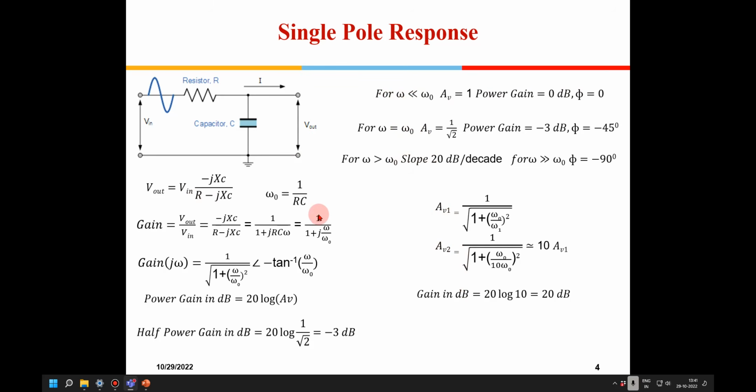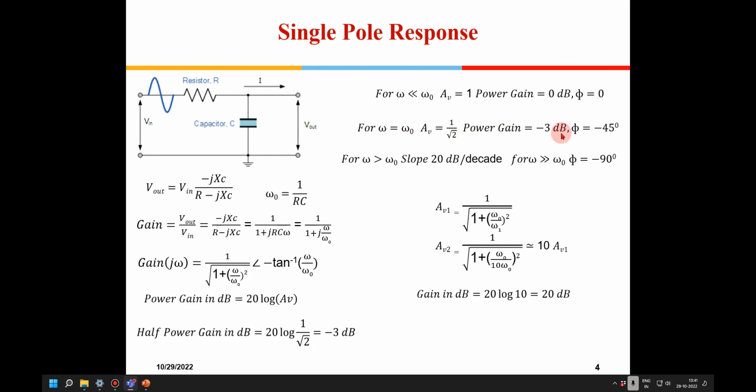Okay, so now let's take a condition where omega is equal to omega 0. Omega 0 is nothing but 1 by RC. So if we put that value here, 1 plus 1 squared gives the magnitude 1 by root 2. So gain magnitude will be 1 by root 2. That means A is 1 by root 2, and power will be minus 3 dB in that case. That means the power has now reduced to half.